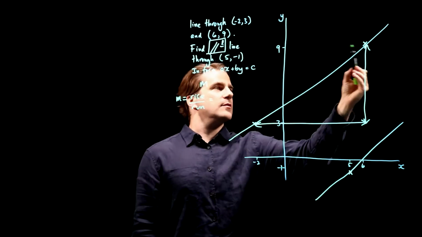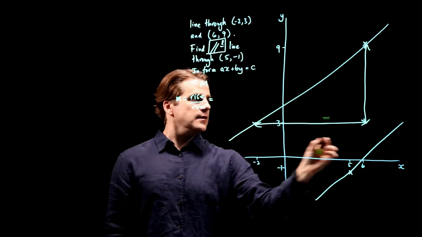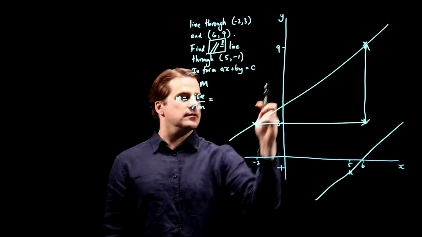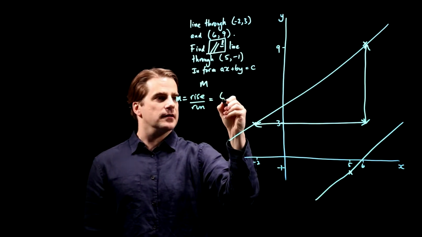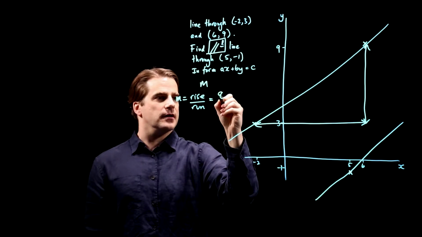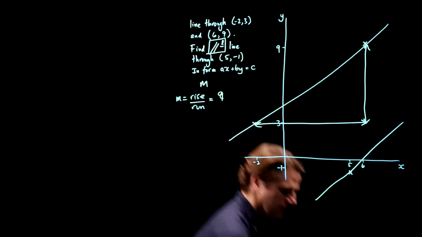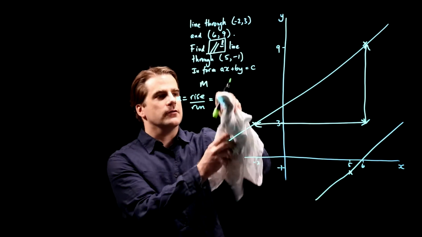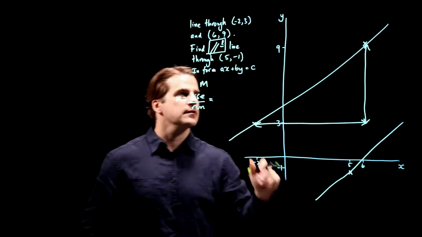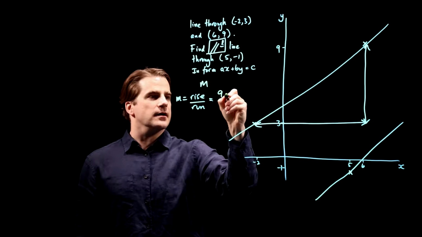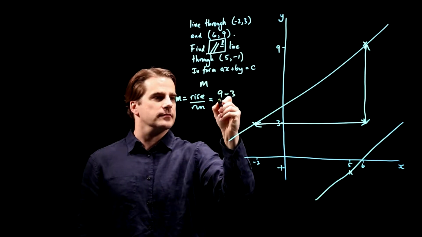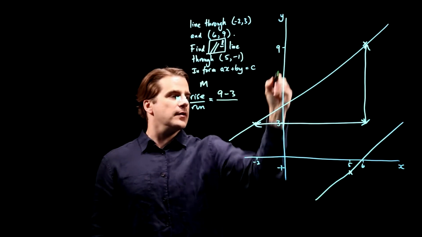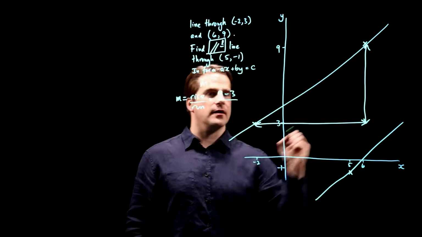And the rise, well, it's going from 3 to 9. So the rise is 9 minus 3. Okay, that minus that is that distance there.